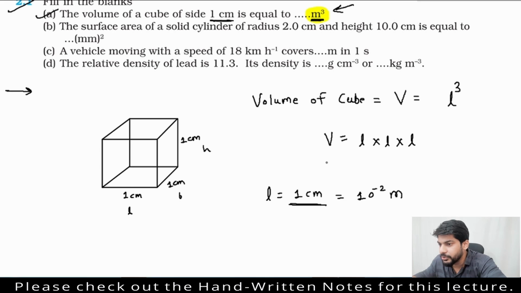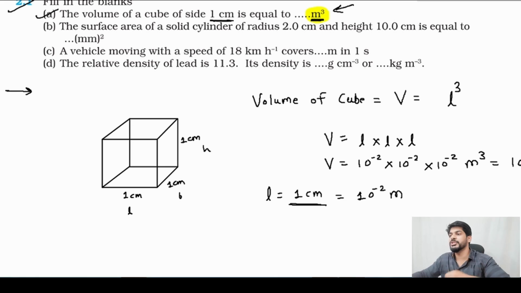So volume is equal to 10 raised to minus 2 into 10 raised to minus 2 into 10 raised to minus 2. That's it. It's meter cube, right? Because it's meter, meter, meter, all cube. So it's going to be just 10 raised to minus 6 meter cube, and that's the answer.